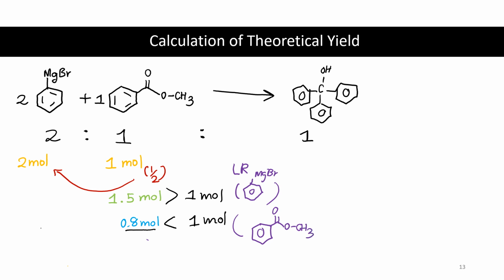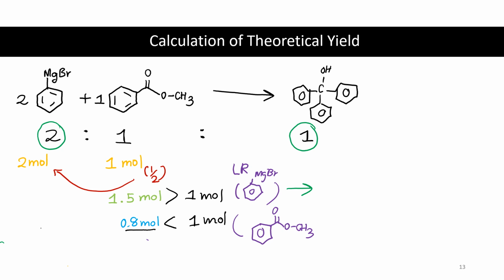So once you decide the limiting reagent, then look at the molar ratio between the limiting reagent and the product. Let's take our second example, where phenyl magnesium bromide was the limiting reagent, and the molar ratio between that and the product is 2-to-1.